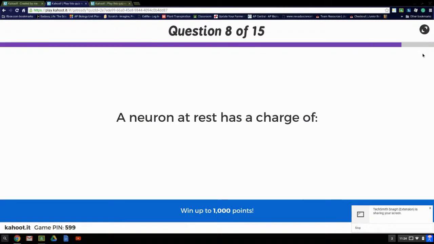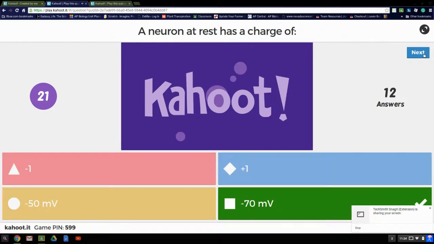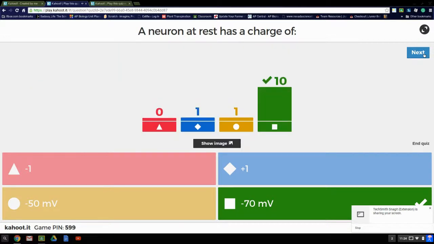Oh, already had this one. 68 millivolts.